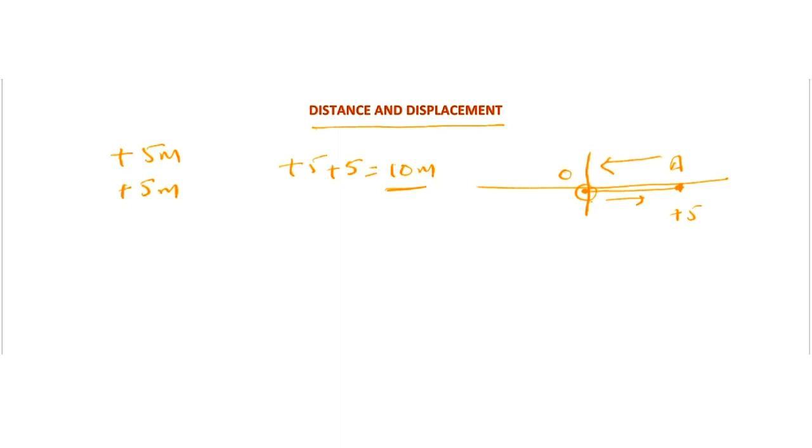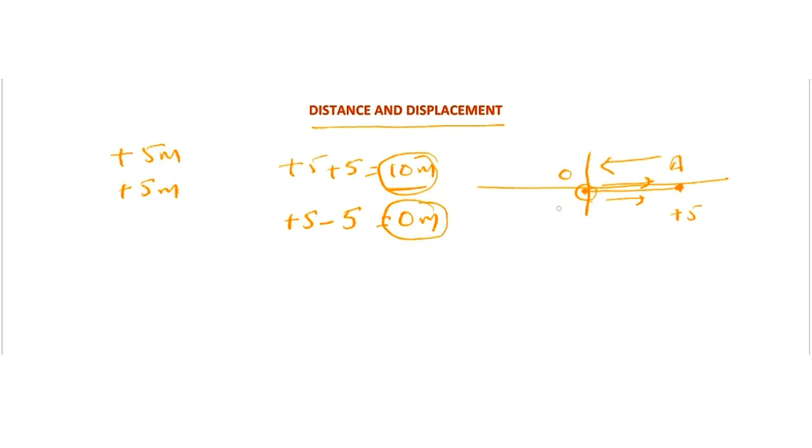But for displacement, the initial and the final position are both the origin. Or you can say it moves from origin to A, plus 5 meter, and then reverses its direction, so the sign changes. Because it is a vector quantity, whenever it changes direction, the sign changes. So it becomes 0 meter. In this case, distance is 10 meter and displacement is 0.